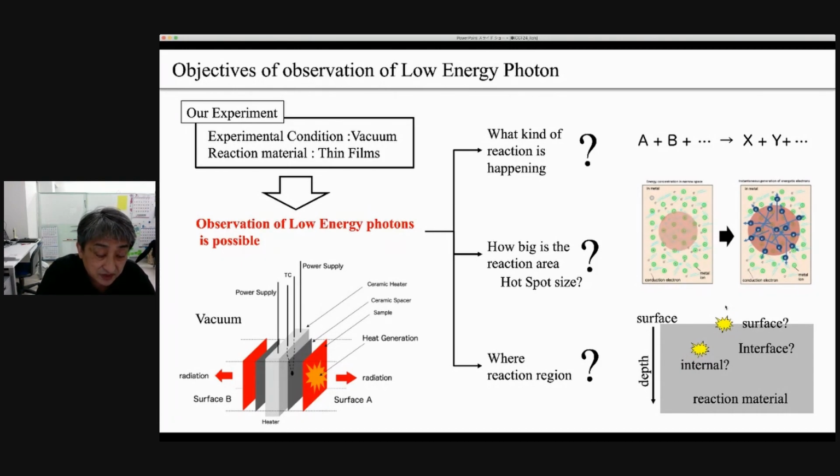We presume that this photon radiation is emitted with information related to the reaction. Detailed analysis of this radiation may provide information related to the reaction mechanism such as elementary reaction or hot spot size or location of the reactions. Therefore, we try to observe the low energy photons.